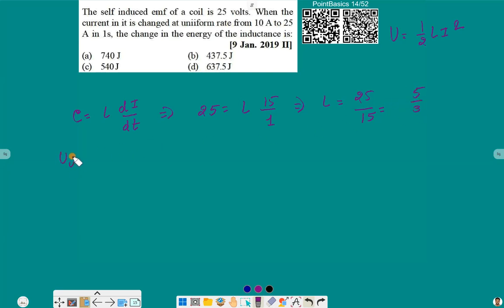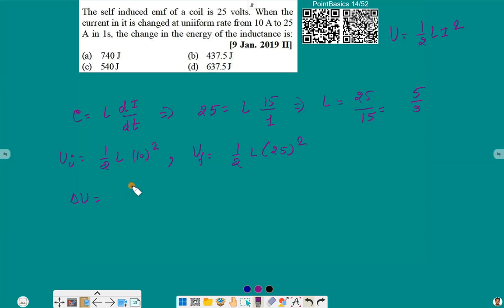Now initial energy will be half L, initial current is 10 ampere, so 10 square, and final energy is half L, final current is 25, so 25 square. Or we can say change in energy will be final minus initial.